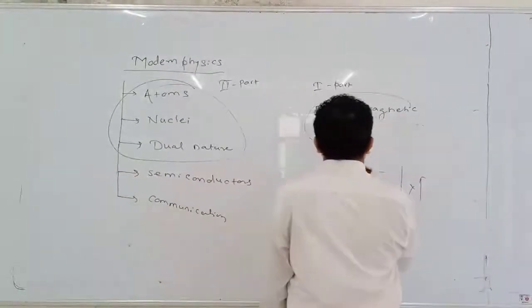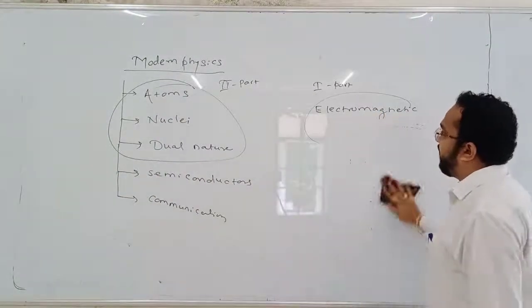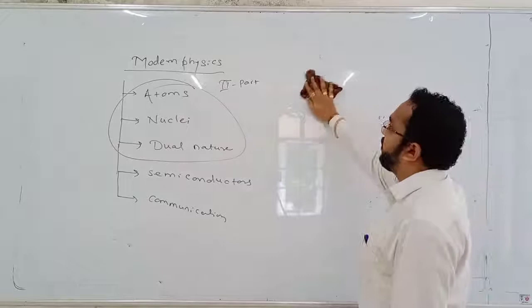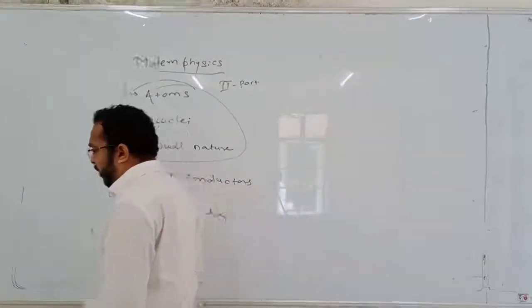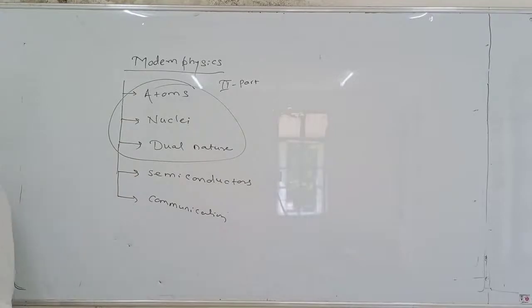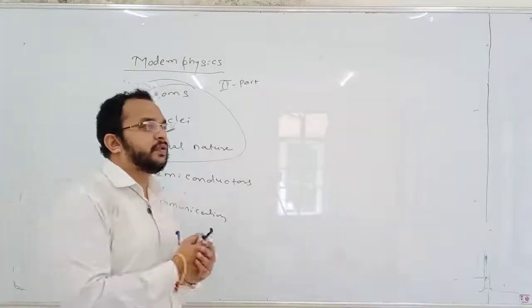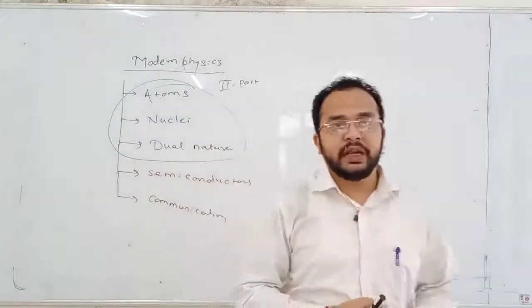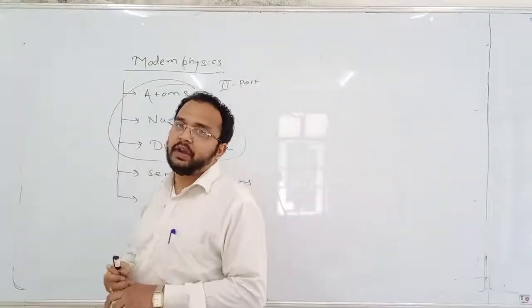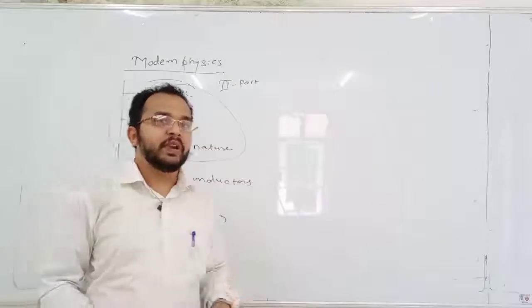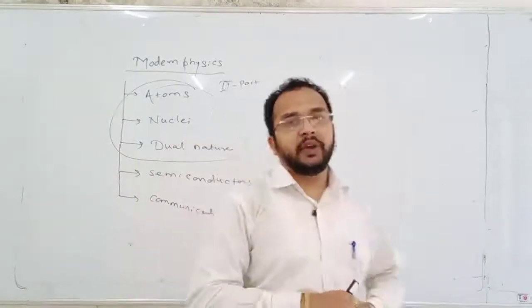Now, when we come to modern physics, that is the second part of 12th class physics. Whatever we have studied in the first part, what are the chapters we have studied? Electrostatics, current electricity, magnetic effect, electromagnetic induction, alternating current. Those chapters belong to electrical engineering.